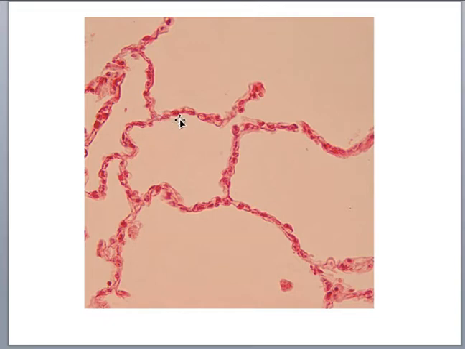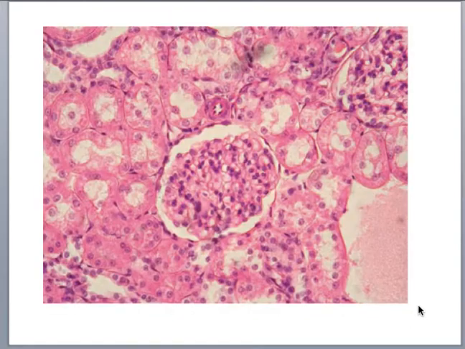You have to be able to tell me simple squamous for the specific and epithelium for the general, okay? Usually when I ask simple squamous epithelium, it's going to be from a lung slide, and you'll see all of these air spaces.